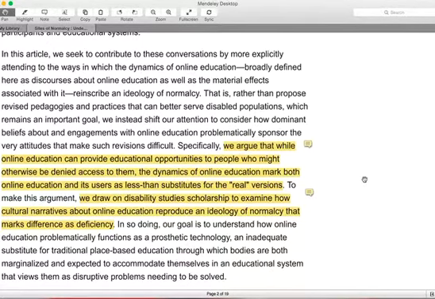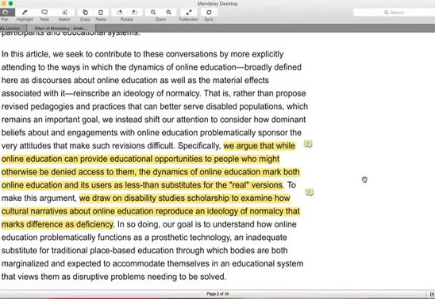Okay, so I might want to highlight that. And I might annotate this as purpose: to challenge ideas that online ed is an adequate substitution for face-to-face classes, and to present online ed as a place to house disruptive or non-normal bodies.